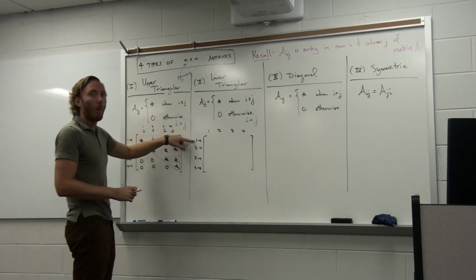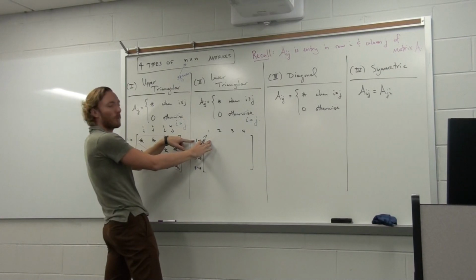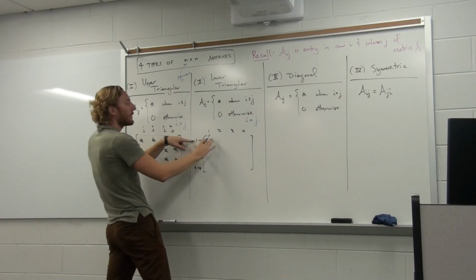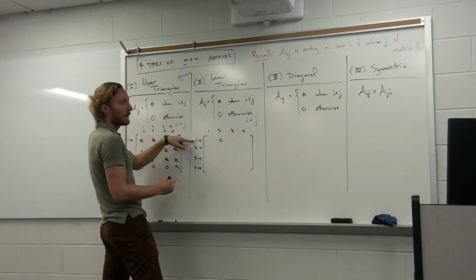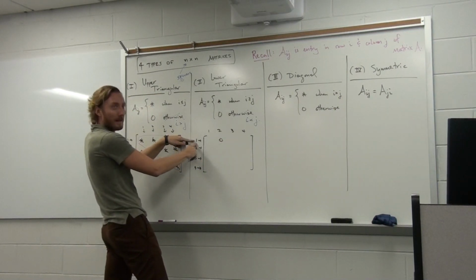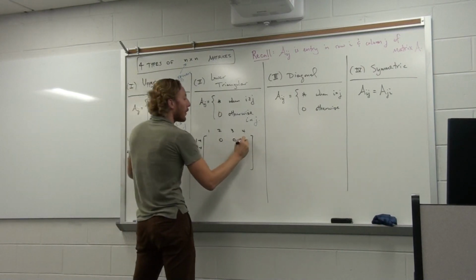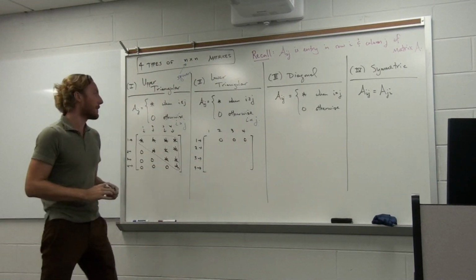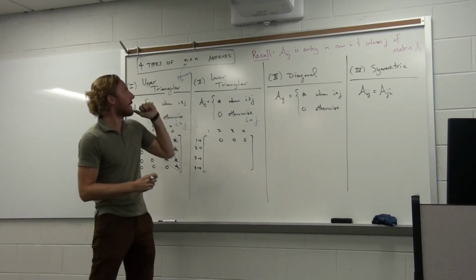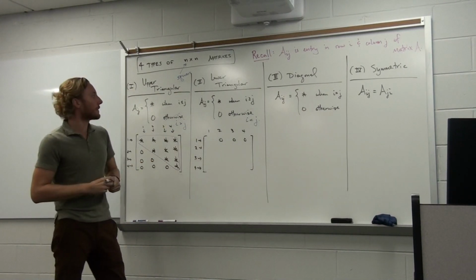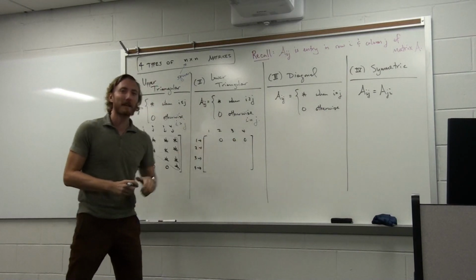Well, in row 1, you are not less than the column number in column 1, but the row number is less than the column number in column 2. The row number in row 1 is less than the column number in column 3, and row 1 is also less than column 4 numerically. So each of those entries is forced to be zero because, based on the definition of a lower triangular matrix, the entries have to be zero when the row number is less than the column number.